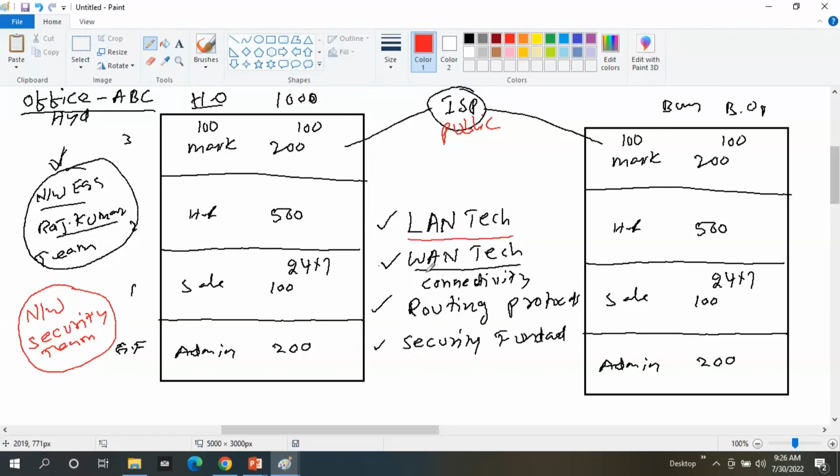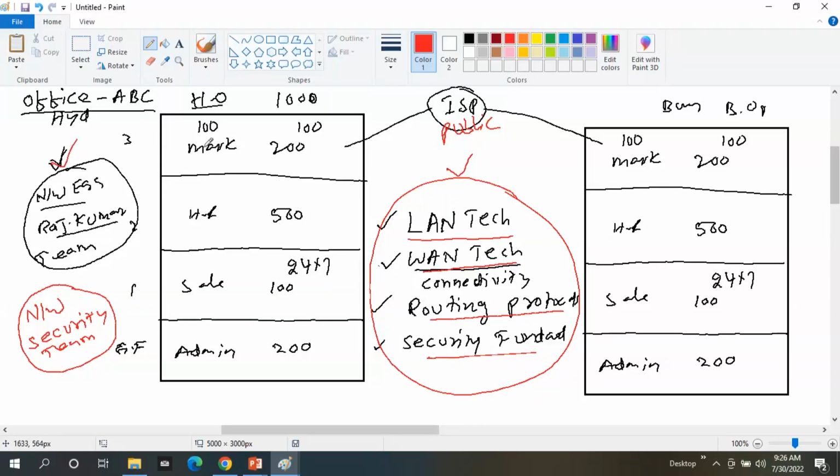Yeah, tell me guys now. To become a good network engineer, what knowledge do we require? LAN technologies, WAN technologies, routing protocols, and network security fundamentals. Once you have trained and have good knowledge of these technologies, can you become a network engineer?